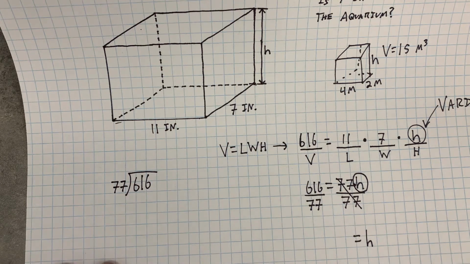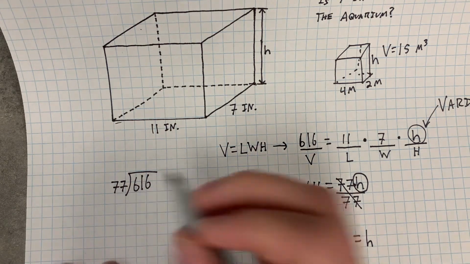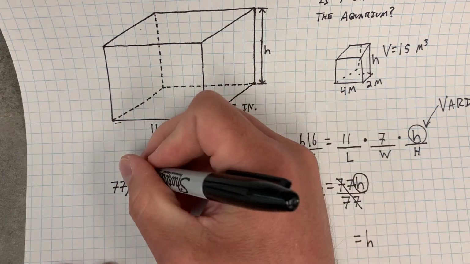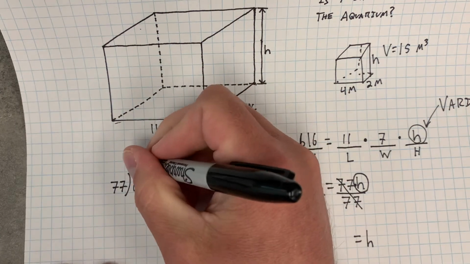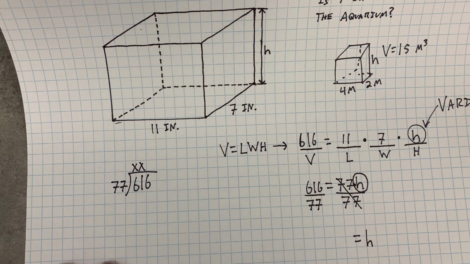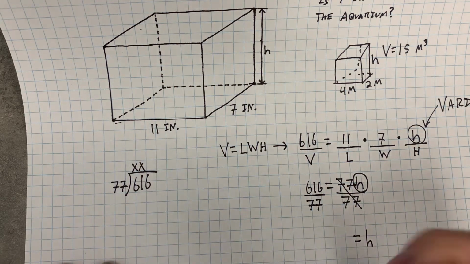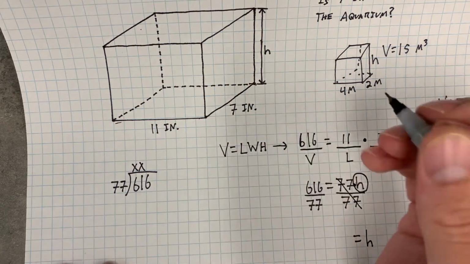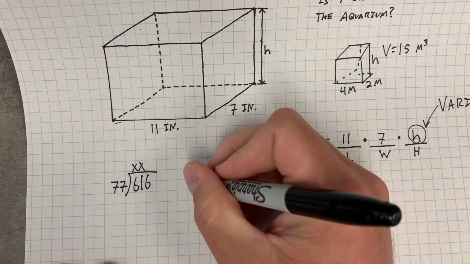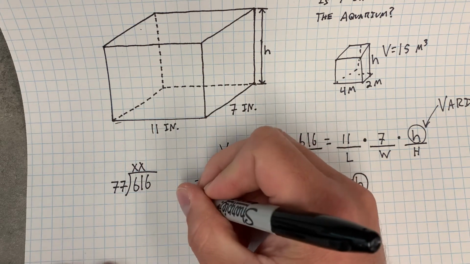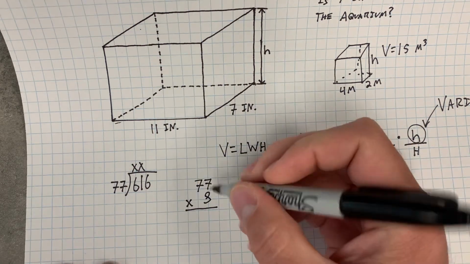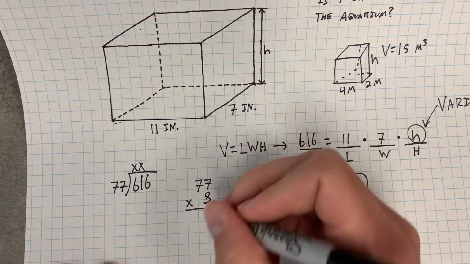Let's ask ourselves a question. Does 77 fit into 6? It does not. Does 77 fit into 61? It does not do that either. Does 77 fit into 616? That one it does. Not sure how many times, so let's find a number that works. I know it's less than 10 because 77 times 10 is 770. Let's try 8. Let's see what 77 times 8 equals. 8 times 7 is 56.